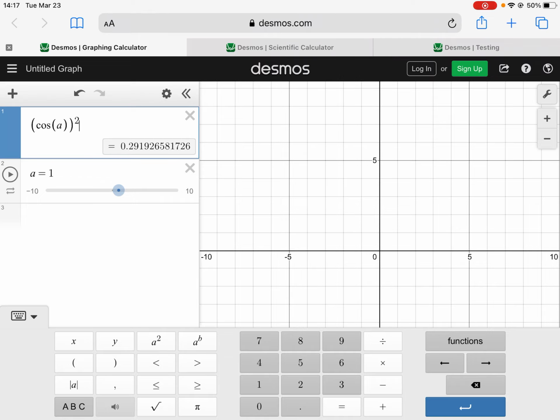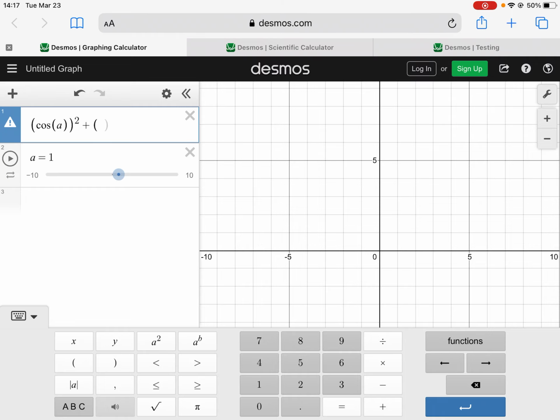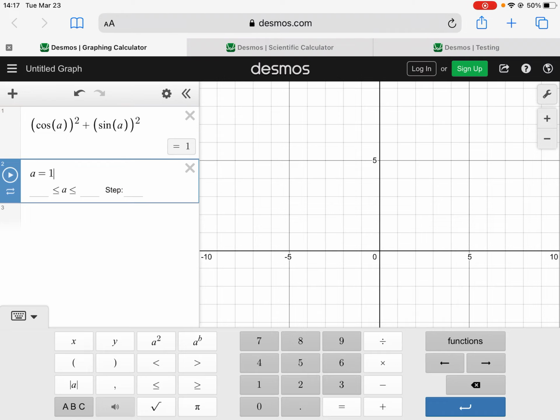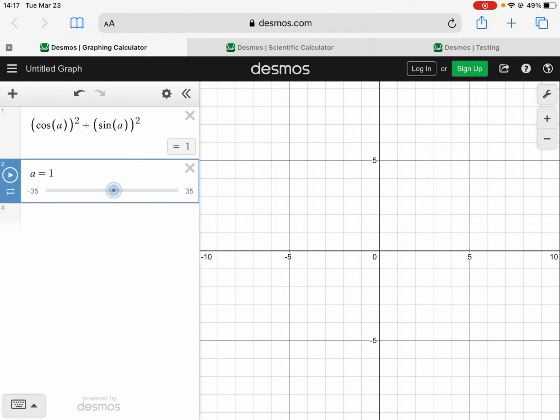Squared plus sine of a, squared. And then for any angle, we can even go negative, I guess, negative 35. 0.1, sure, why not? Okay, so I'm going to take this and keep sliding it along.